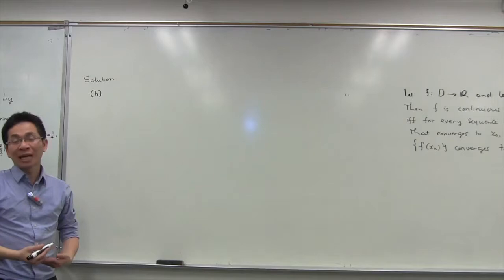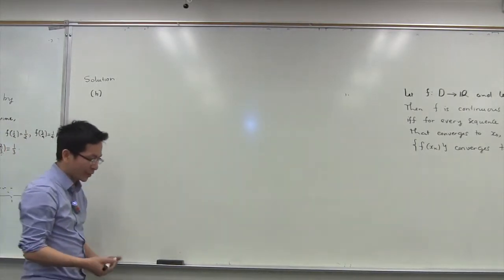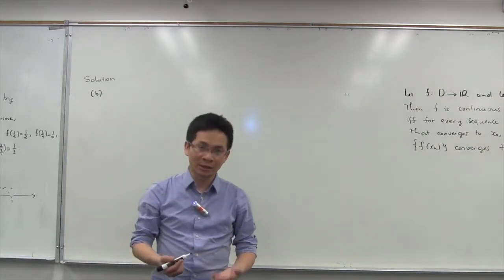Now we are going to show that f is discontinuous at every rational number, and we are going to use the sequential criterion for continuity.